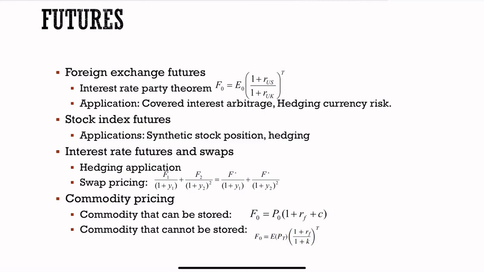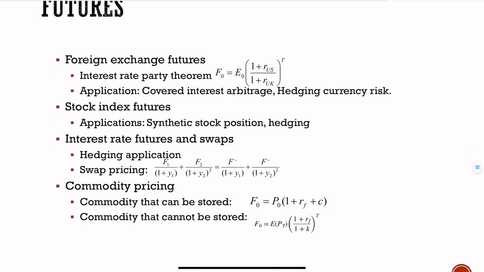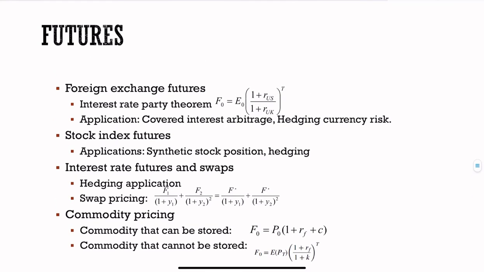However, it is very specific to the exchange futures market. So basically the idea here is, so here E0 means the exchange rate, right? Such as E0 dollars per pound. That is, if you want to buy 1 pound, then you have to pay E0 dollars.